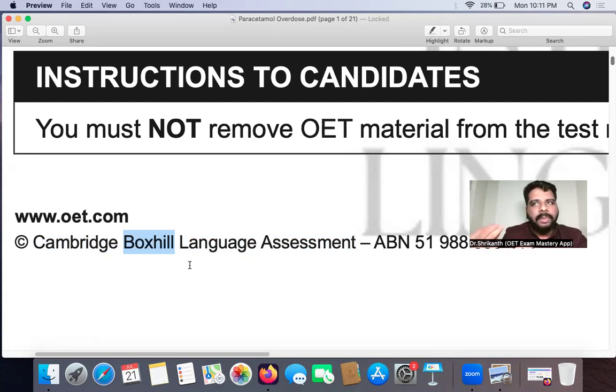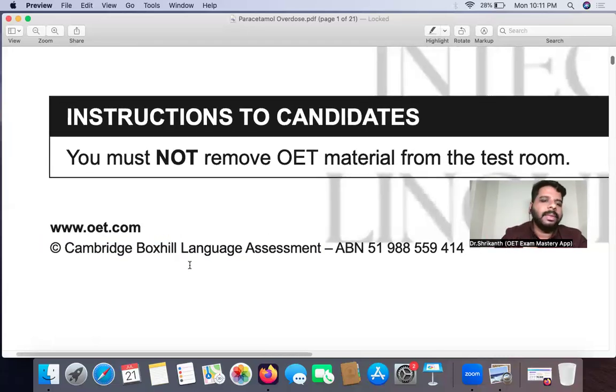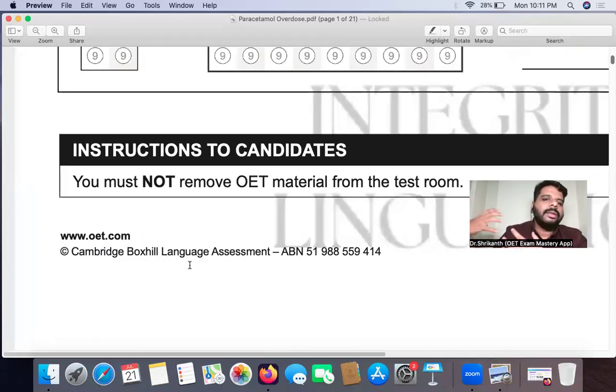It's a very simple examination, not simple, but the approach to preparation is very simple. Students get wrong guidance from other institutions, and they innocently believe this is an OET question paper, and they spend hours and hours, weeks and weeks, sacrificing their jobs.